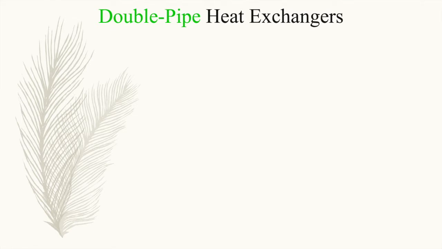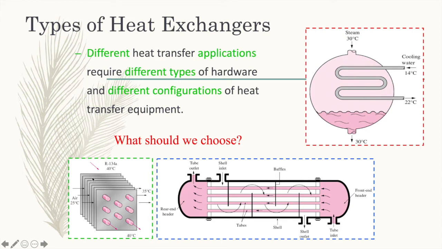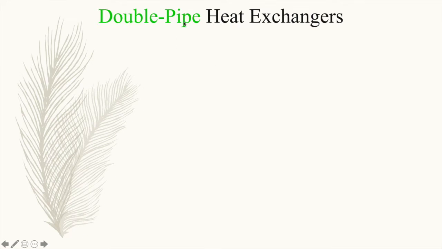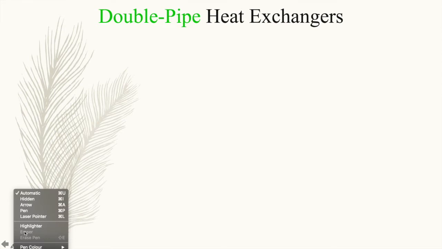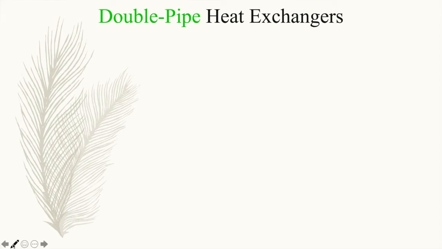So now we go for a double pipe heat exchanger. We know that the first one is the compact heat exchanger, the second one is the shell and tube heat exchanger, and the third one is the double pipe heat exchanger. This is actually a configuration for your lab experiment.